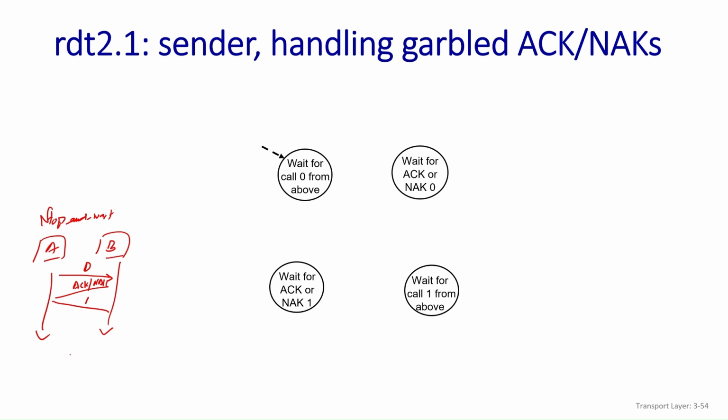So two sequence numbers are enough in stop and wait. Why? Because at any point in time, I can send one segment. I cannot send the next segment until I receive acknowledgement or negative acknowledgement for the previous segment. Is this point clear? Because now I also have to mention the sequence number in the packets. So in stop and wait, since we send one segment and then wait for acknowledgement before proceeding with the next segment, two sequence numbers are enough. Do you agree?